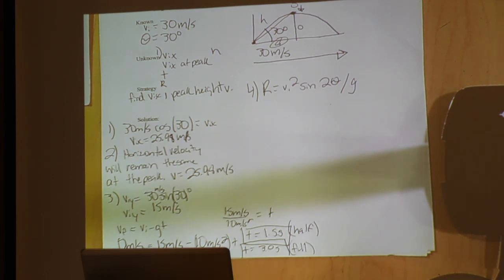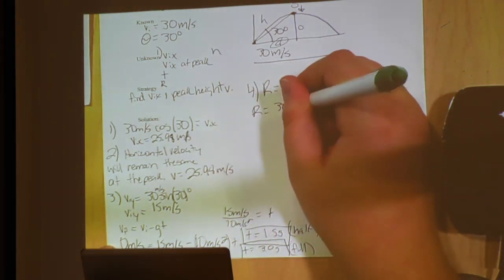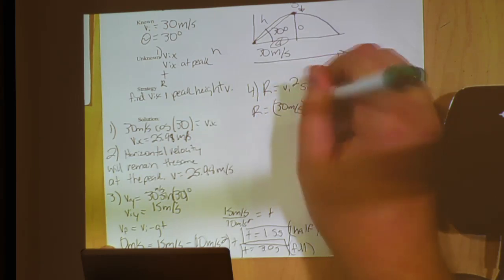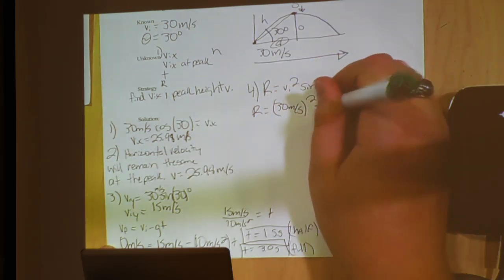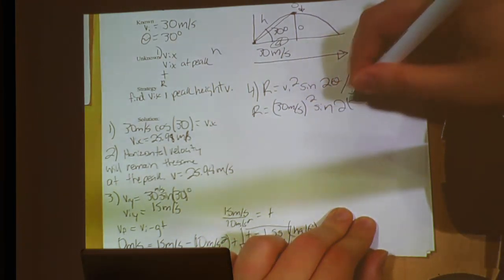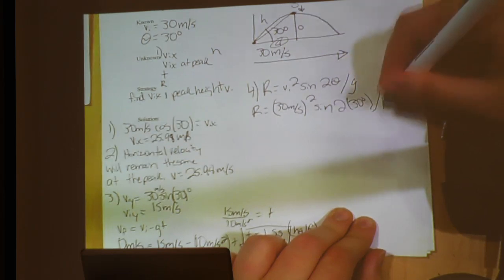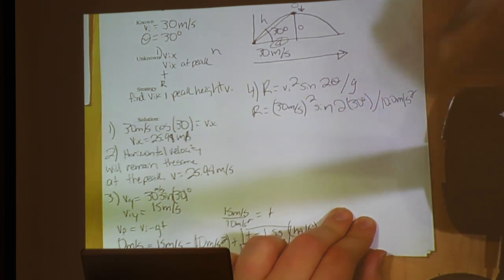Thank you. All right. So we have the range formula, VI squared sine 2 theta over gravity. You pretty much have all these numbers already, so you're just going to plug them in. So range is equal to 30 meters per second squared, sine of 2 times 30 degrees, over 10.0 meters per second squared.